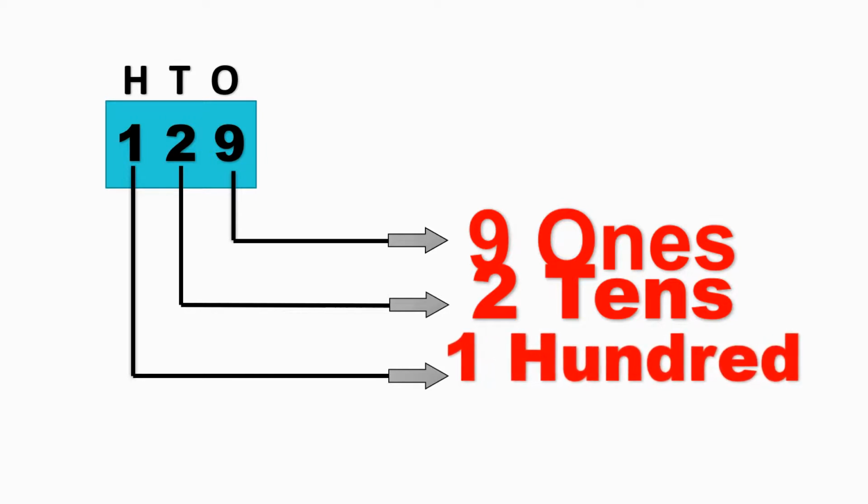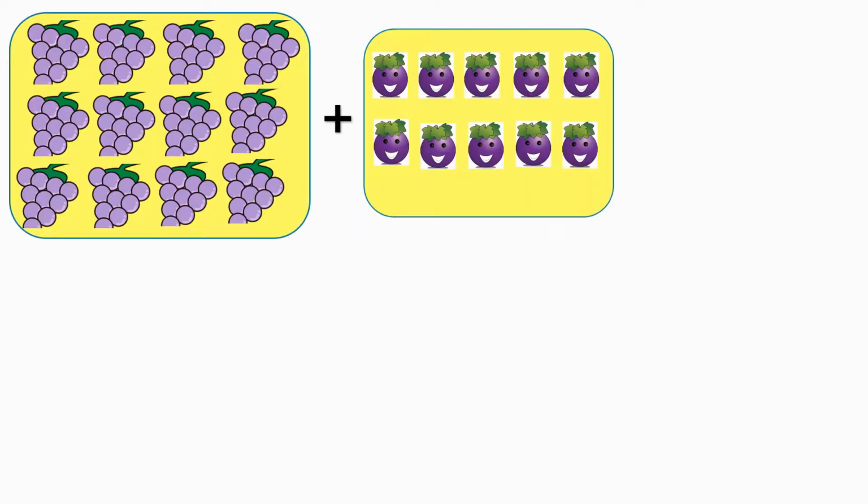Now let's see here some grapes are given and each bunch has 10 grapes. So total here 120 grapes. If we add 10 more grapes, so it comes 130.